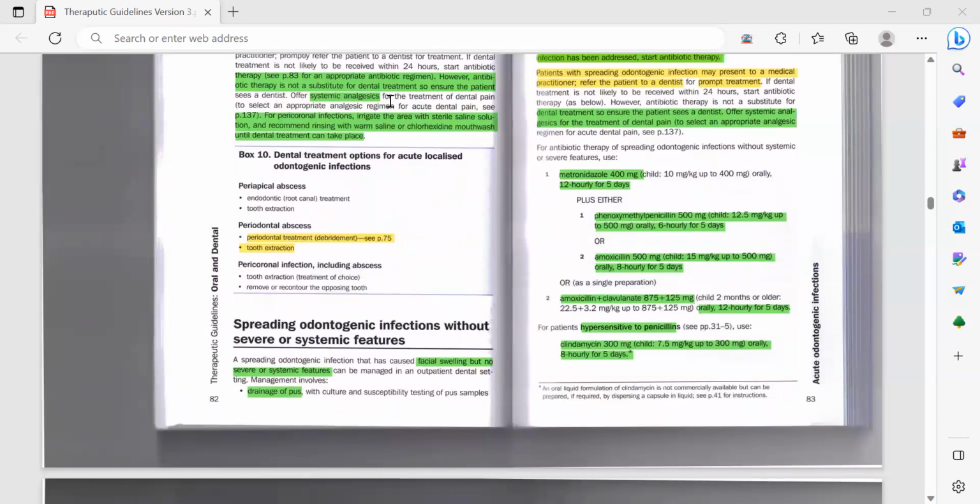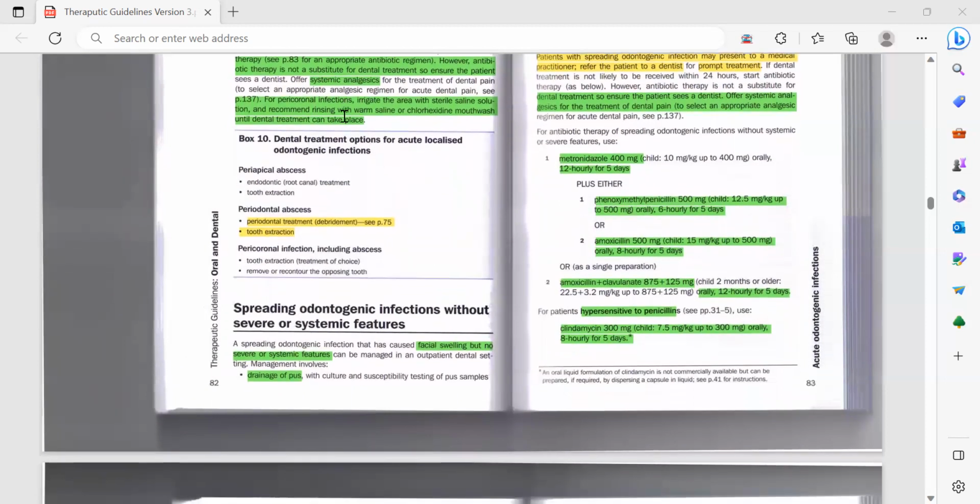Offer systemic analgesic because the patient would be in pain, so the GP would prescribe painkillers for the pain. For pericoronal infection, the best treatment is to irrigate the area with sterile saline solution and recommend rinsing with warm saline or chlorhexidine mouthwash until dental treatment can take place.